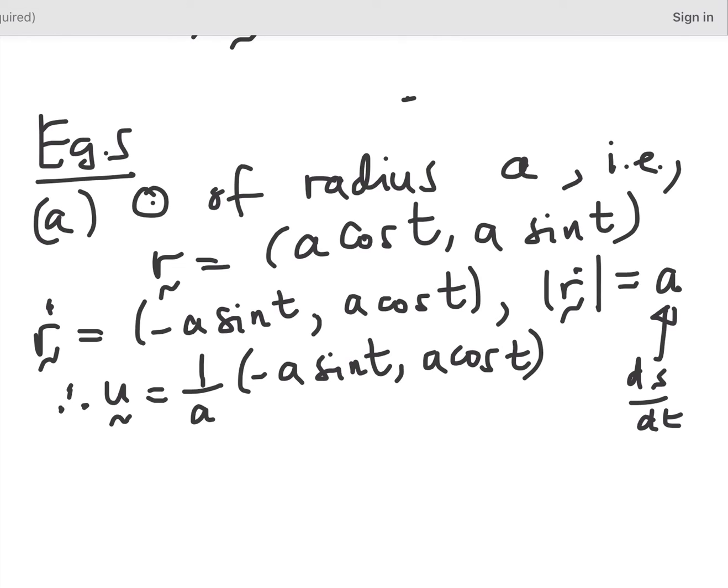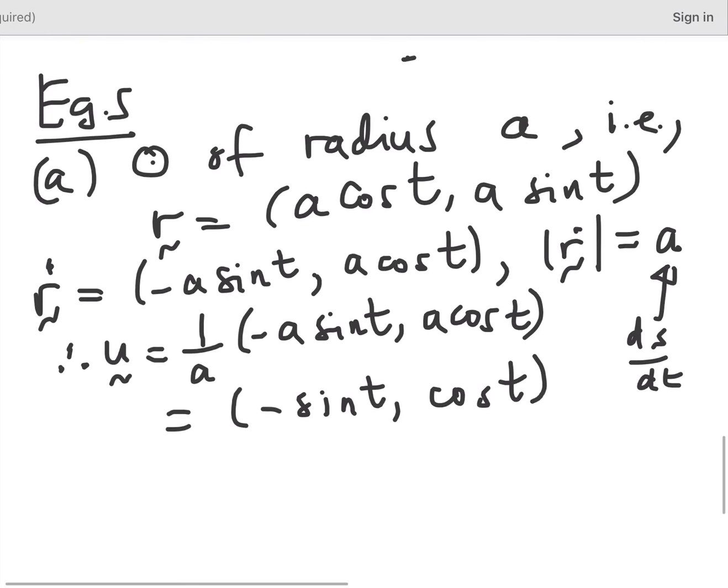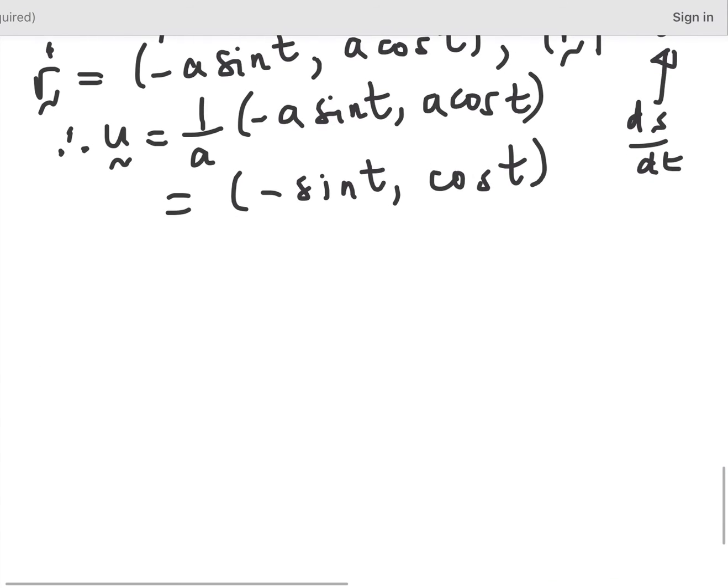And if you simplify all of that, we end up with very simply minus sine t, cosine t. Right. If you differentiate this vector with respect to the arc length variable s, and of course then take the modulus of that, we'll end up with the curvature.